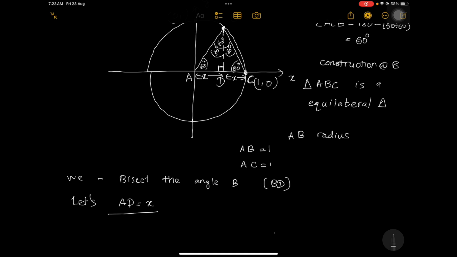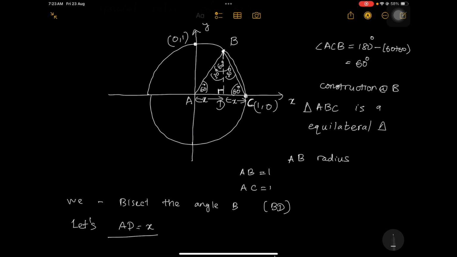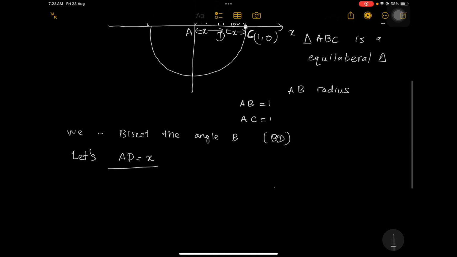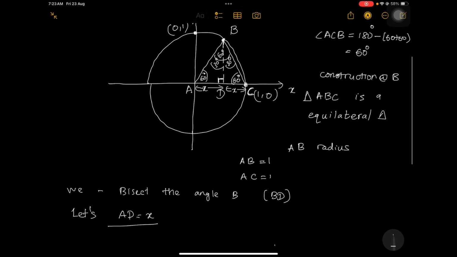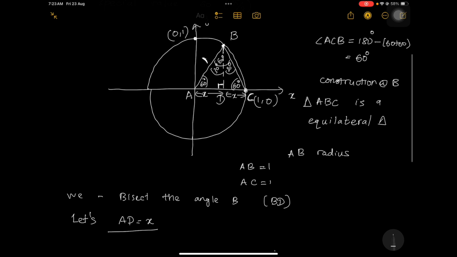Because BD is a bisector of AC, it's going to divide AC into two same portions. So AD, DC both are x, and AB is 1, the unit circle. So let's say BD is y for the calculation.